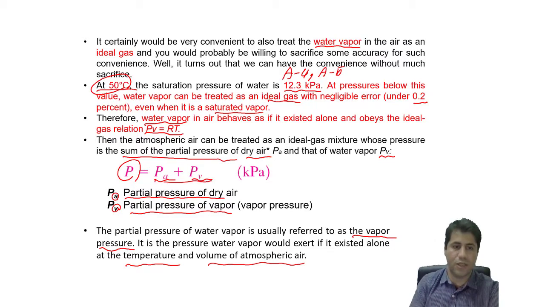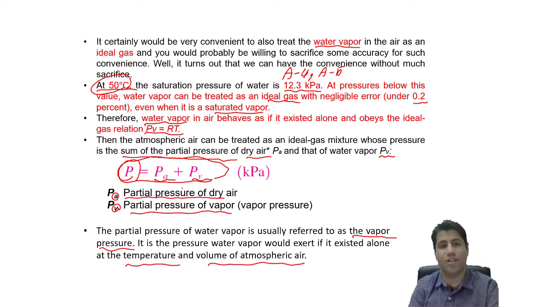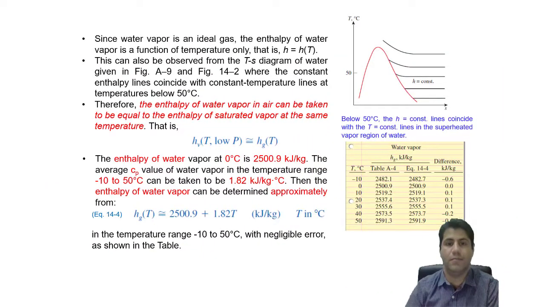So we have an equation to relate the pressure of the air, the pressure of the water vapor, and the pressure of atmospheric air. Now we will use this pressure to find the other thermodynamic properties of the atmospheric air. Okay, now we know that the water vapor in the temperature range of negative 10 to 50 degrees Celsius, with that pressure limit also less than 12.3 kilopascal, can be treated as an ideal gas.